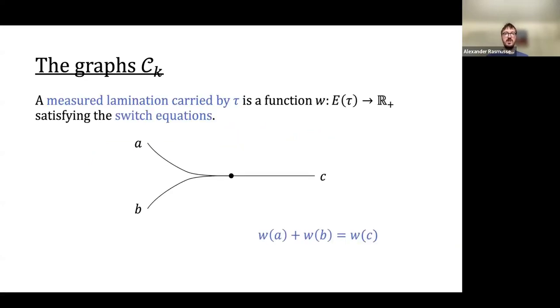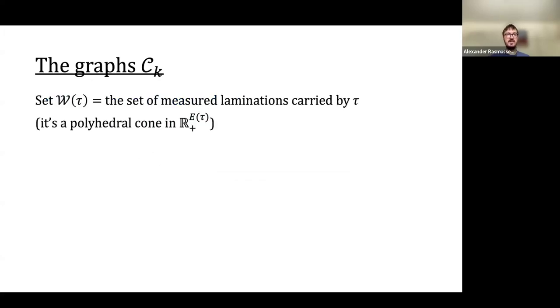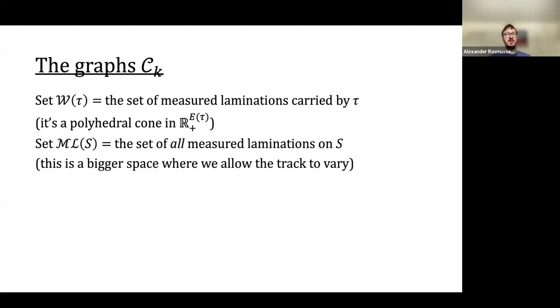So this is naturally a subset of R_+ to the power E(tau). In fact, it's a polyhedral cone, but we don't really need to dwell on that fact too much. And this sits inside of a larger space, ML(S), the set of all measured laminations on S. Here we're explicitly not fixing a train track beforehand. We allow the track to vary, we allow the lamination to vary, and we get some kind of big space.